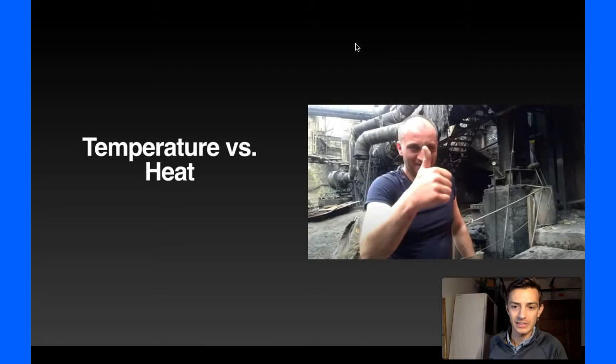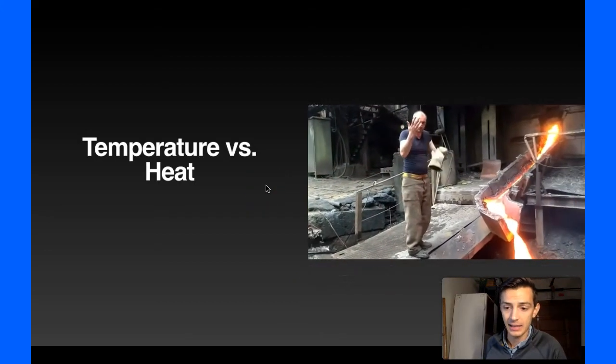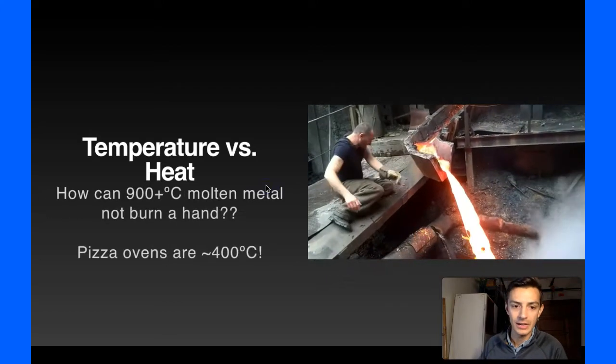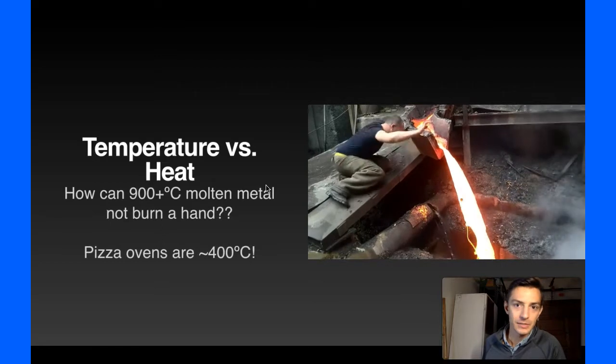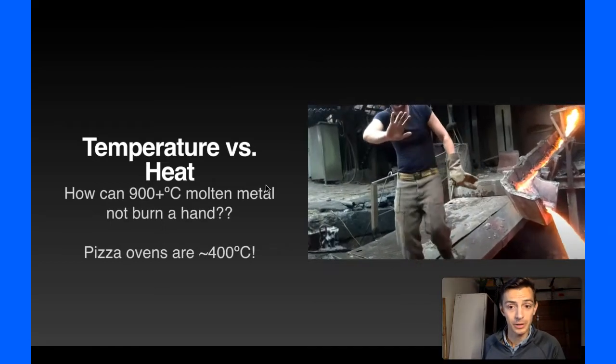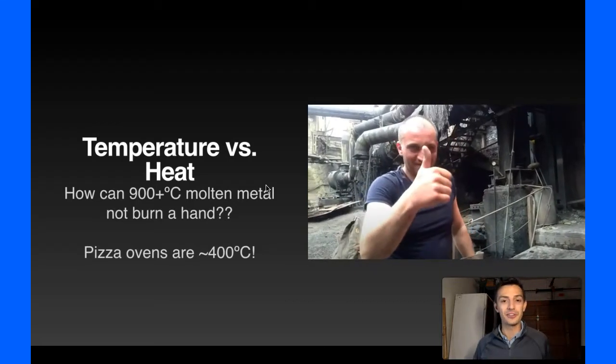What you're seeing there is liquefied rock being touched by human hands, right? That's probably about 900 degrees Celsius. And that molten metal is just somehow not burning this guy's hand. Pizza ovens, by the way, are around 400 degrees centigrade. So if you're not used to the centigrade scale, it's several thousand degrees Fahrenheit.